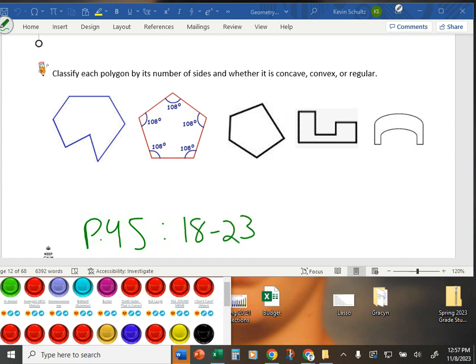How many questions is that? 6. Good job. We're learning. And 28 through 30. That's just 9 questions. You can do as many as you want to. That's how you math, folks.